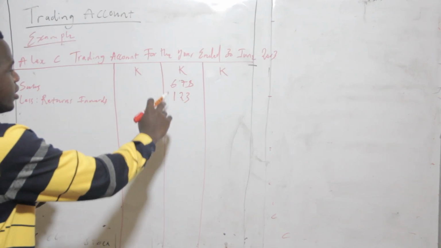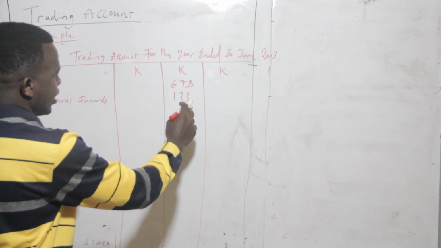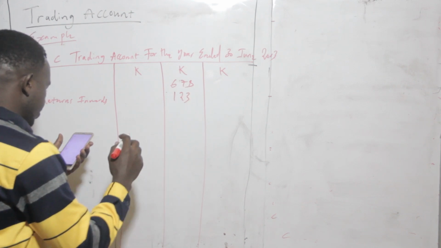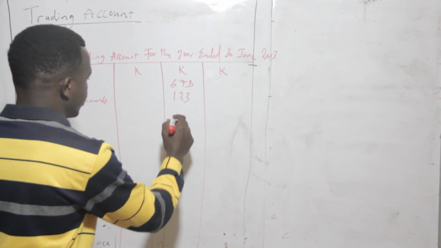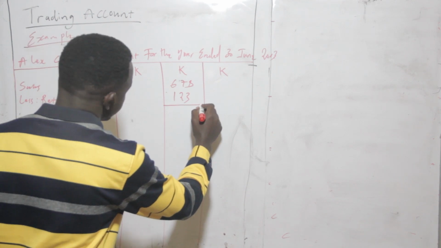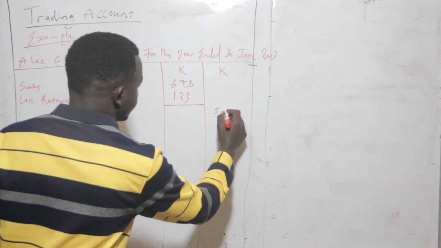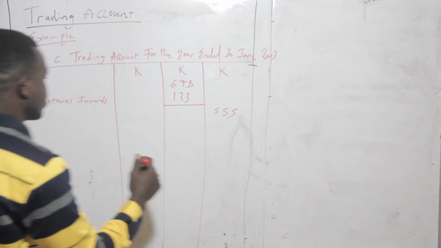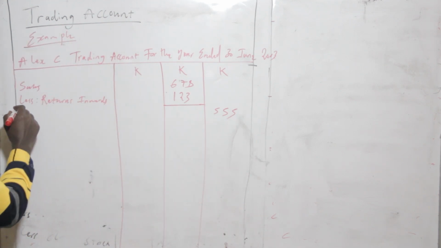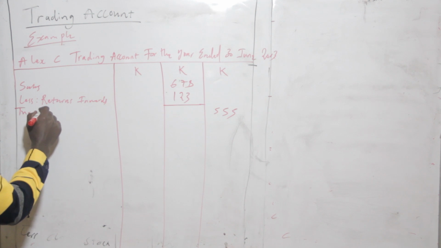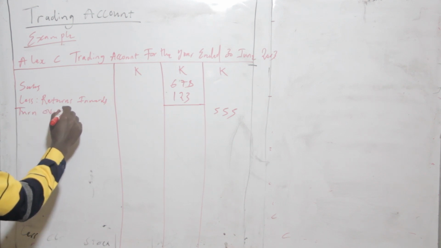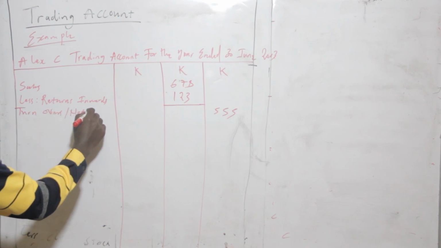So we're going to say 678 minus 123. Our answer there, we're going to have 555, and that's going to be called our turnover or net sales.